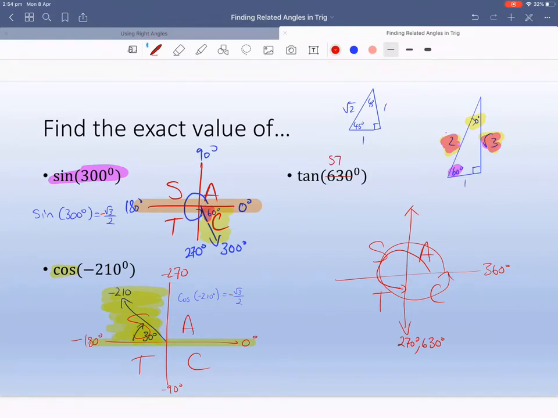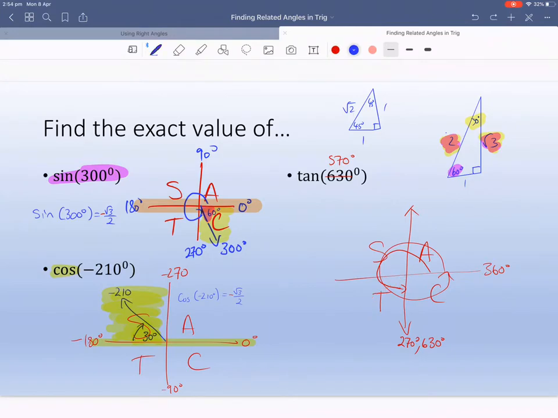So 570, which we have to do the same thing. So I'm going to go 570 minus 360, and you get 210, okay? So I'm going to go around 210, which is around here.